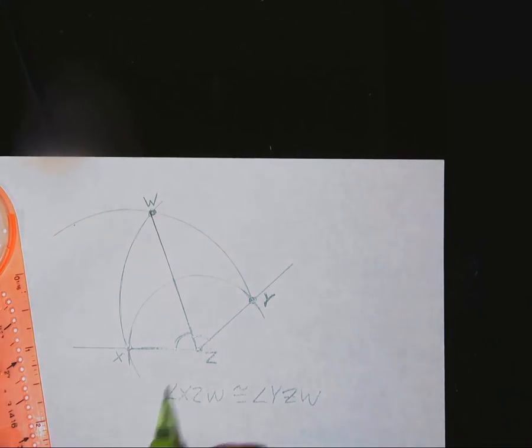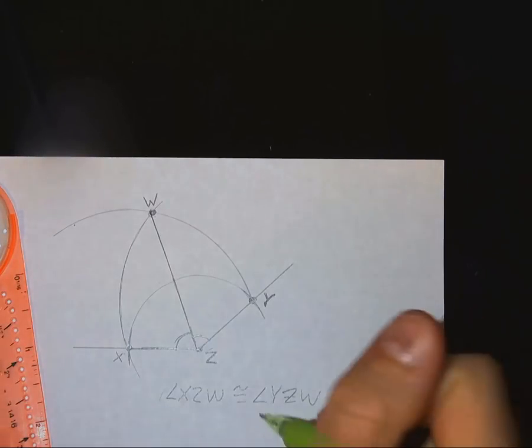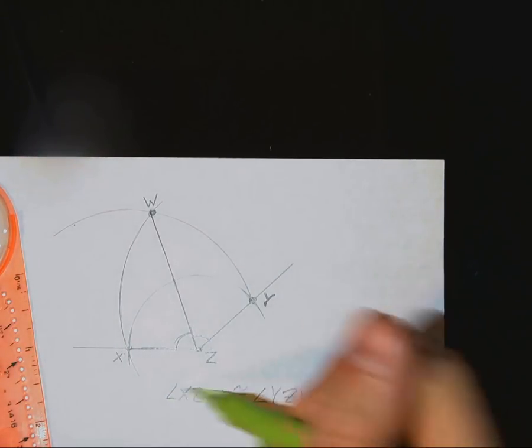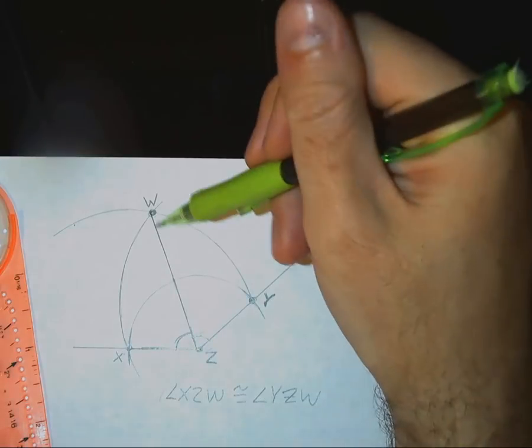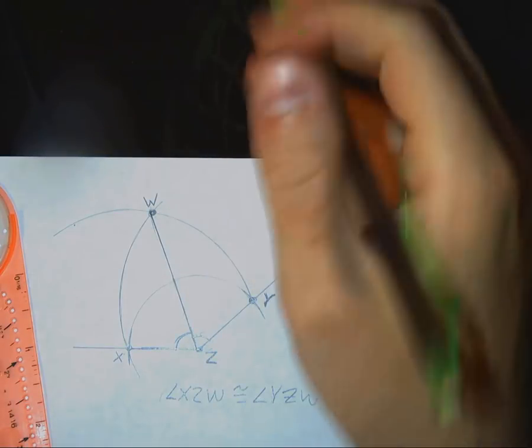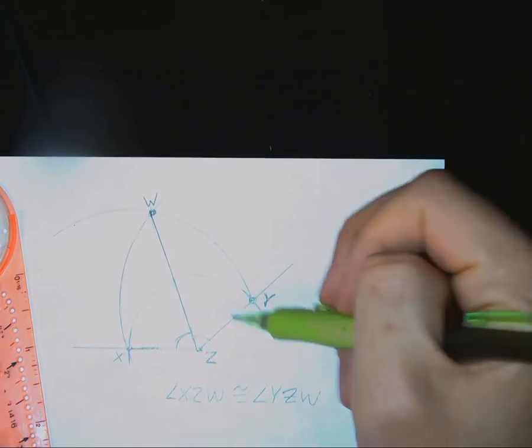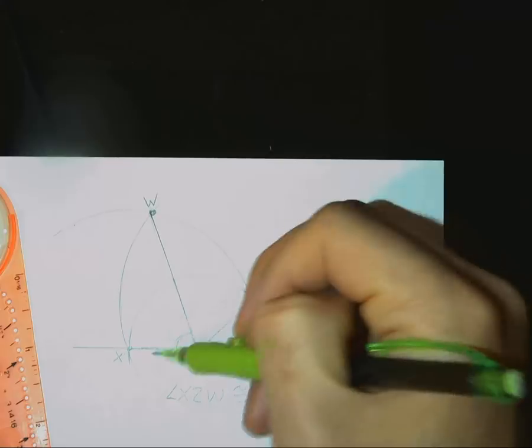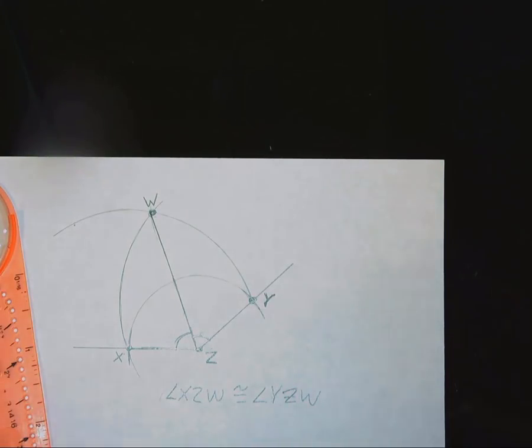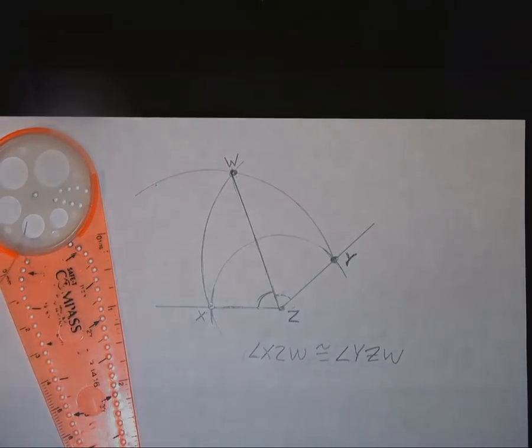Don't forget the angle symbols. Those are important because we're talking about angles. And the reason we know that these two angles are congruent is because we have constructed a bisector. That means we've cut the angle right down the middle in two. So this one must be the same as this one. Guys, and that's how you bisect an angle.